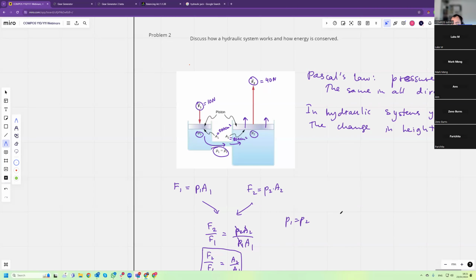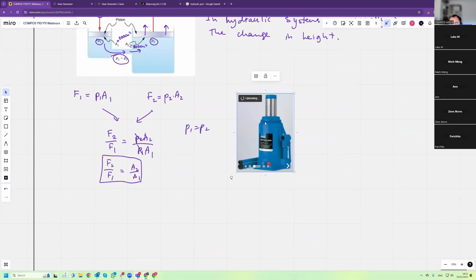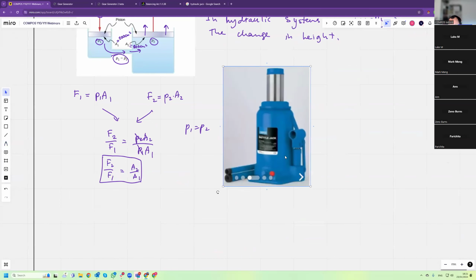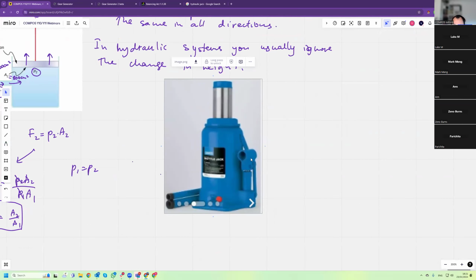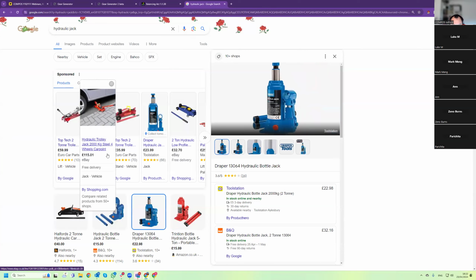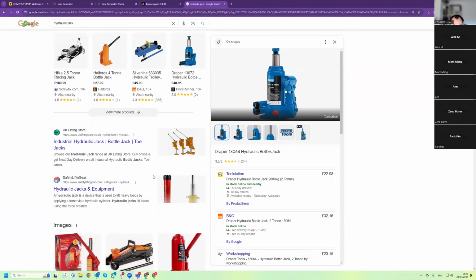Let's have a look. What it does, it goes underneath the car. So the car goes here, a part of the car. This is the wheel. So suppose you want to change a wheel. You put this underneath your car.